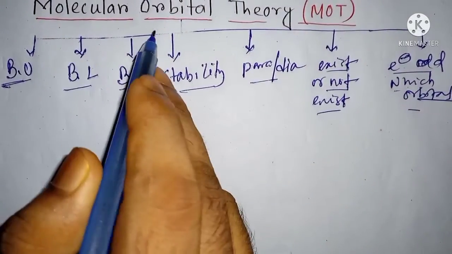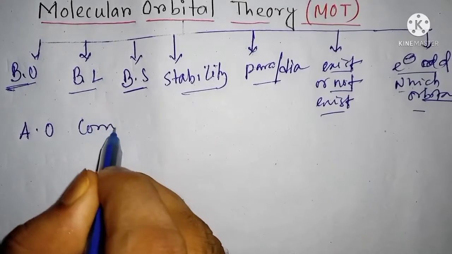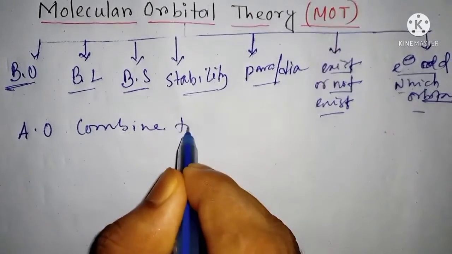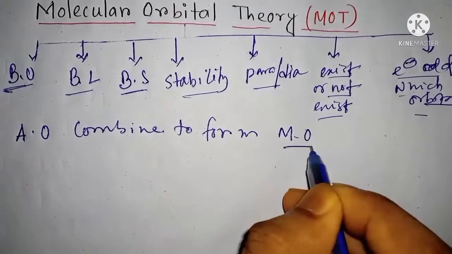We know in molecular orbital theory, atomic orbitals combine to form molecular orbitals.